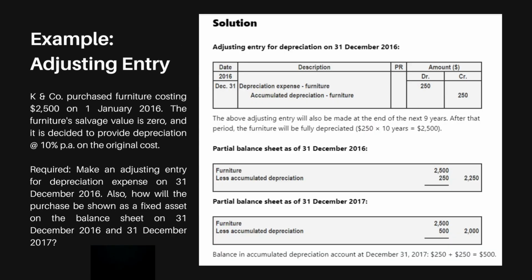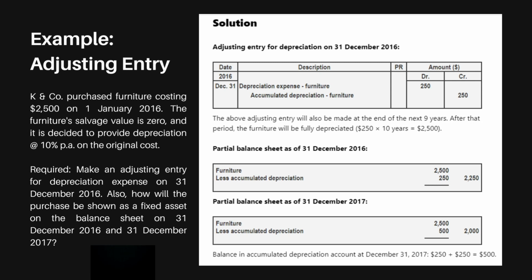So this is the first example of adjusting entry. K&Co purchased furniture costing $2,500 on the 1st of January 2016. The furniture salvage value is 0, and it is decided to provide depreciation at 10% per annum on the original cost.